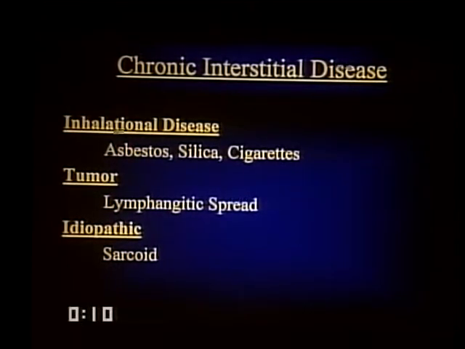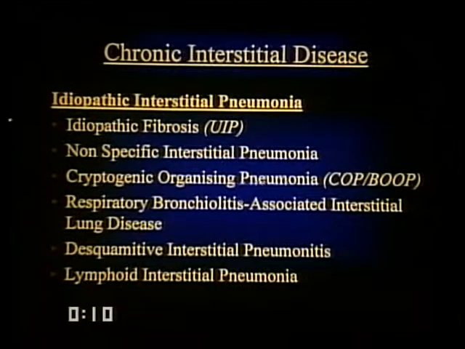The chronic diseases, I've listed here the so-called idiopathic interstitial pneumonias. Now, the problem with the idiopathic interstitial pneumonias is that the radiologist is focusing on a moving target here. The classifications of these diseases tend to evolve as histopathology becomes more precise.